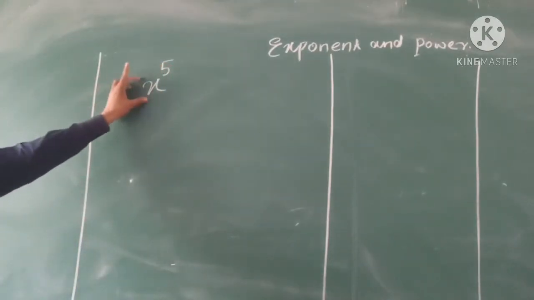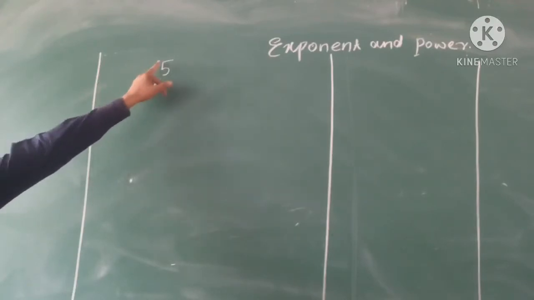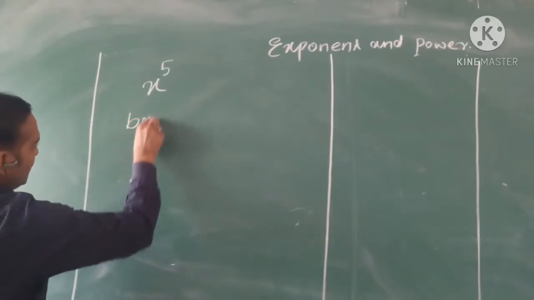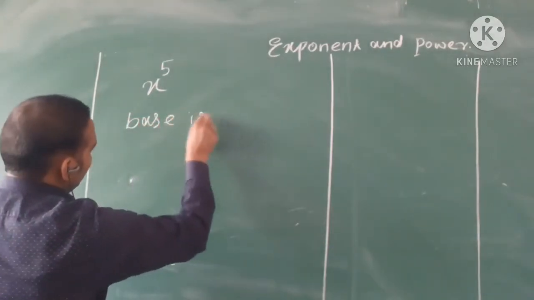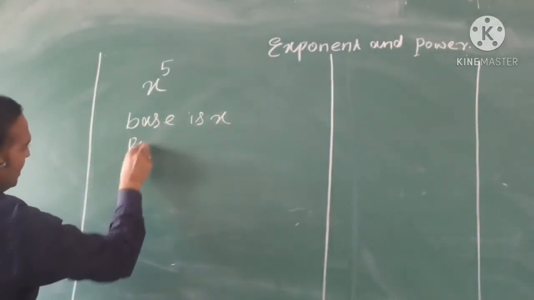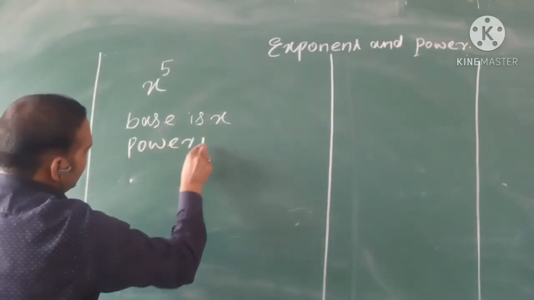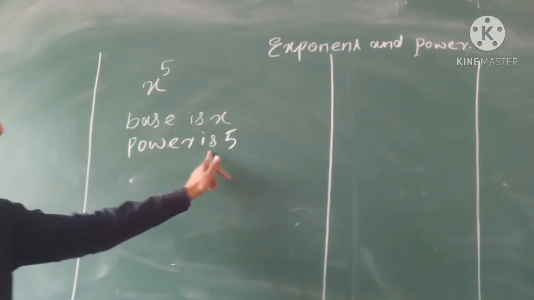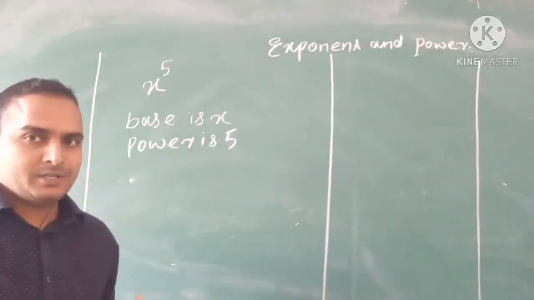Then this x is called its base and 5 is called its power. Base is x and power is 5. And this power is also called exponent.